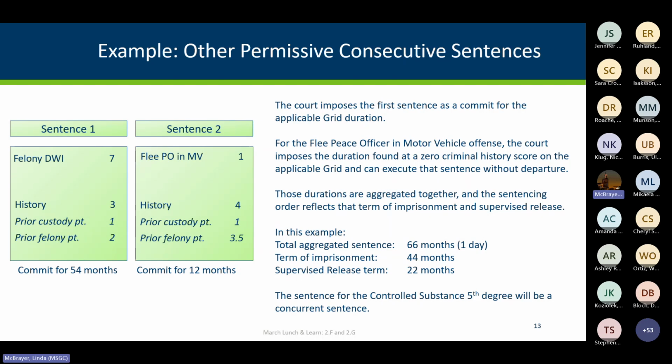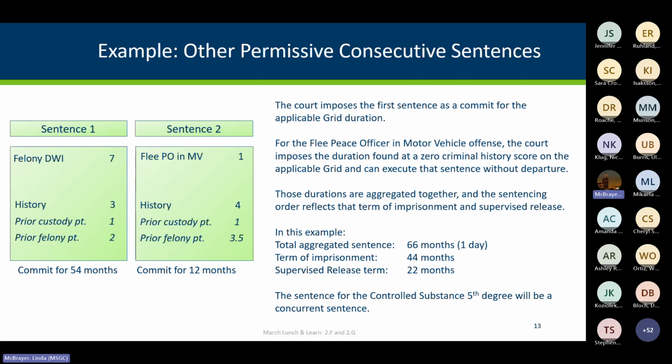So your worksheet would reflect the grid time, including the stayed sentence for the flee. It would be a stay for 15 months, I think is that duration. It would be a stay for that on the worksheet, but the court could execute that sentence and impose that flee consecutive to the felony DWI.